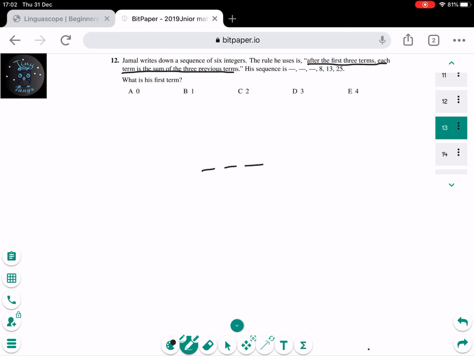So this question looks a bit tricky, but actually isn't, because what makes 25 is 13 plus 8 plus this number. So 25 minus 8 minus 13 equals 4. So that number must be 4.